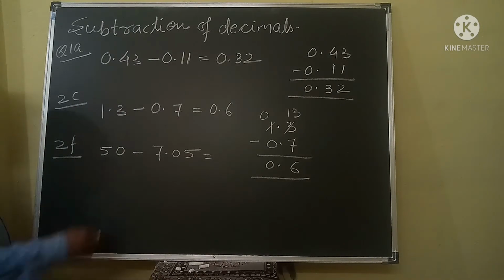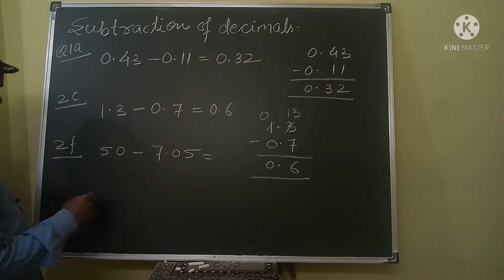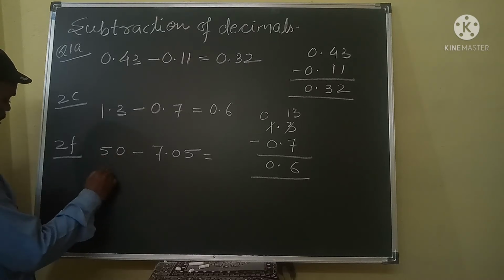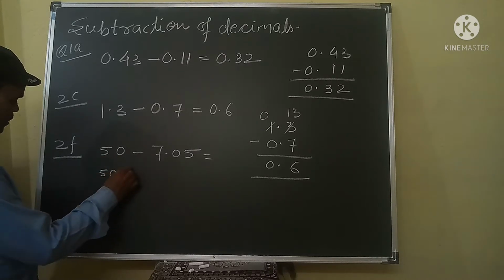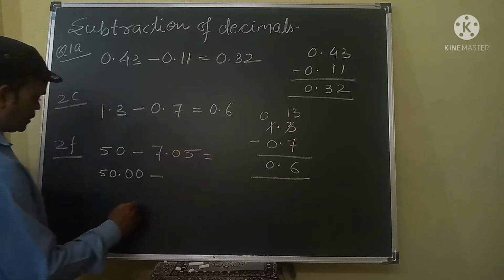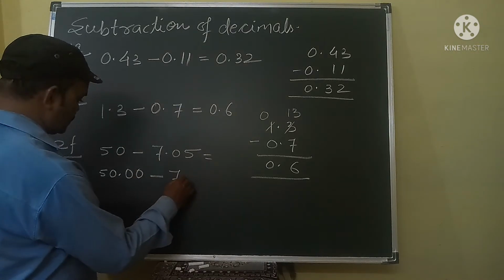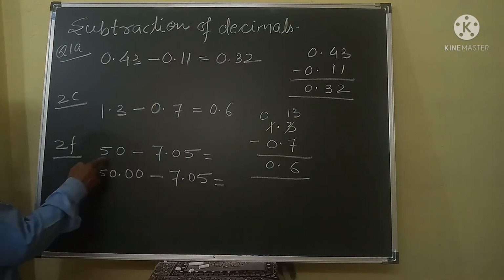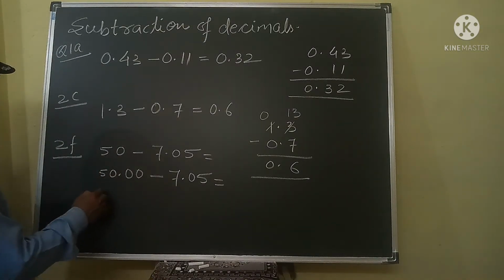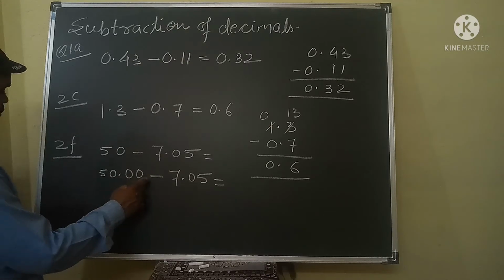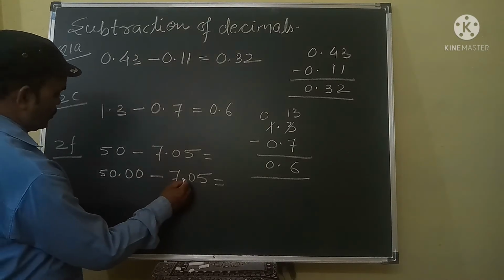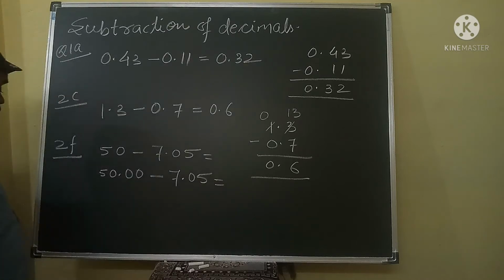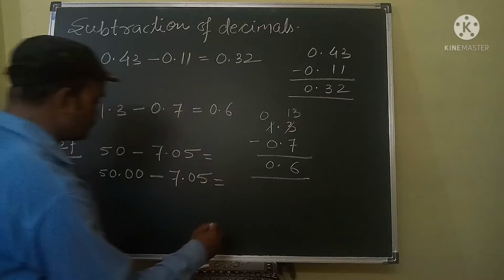So what will we do? Convert unlike decimals to like decimals. That means we can write 50 here as 50.00 minus 7.05. Then what will we do? Now look here.